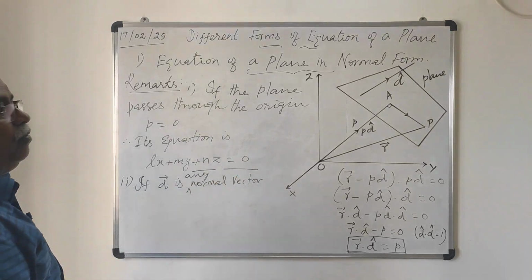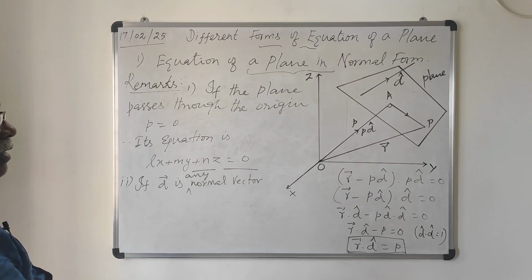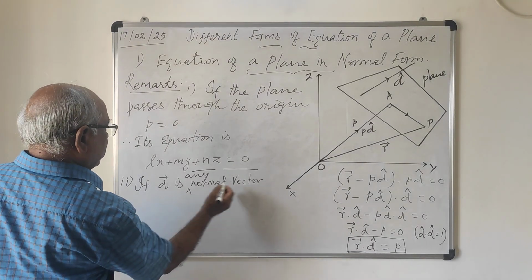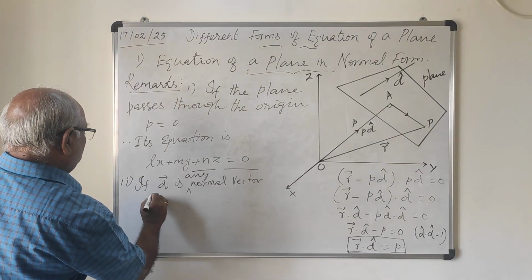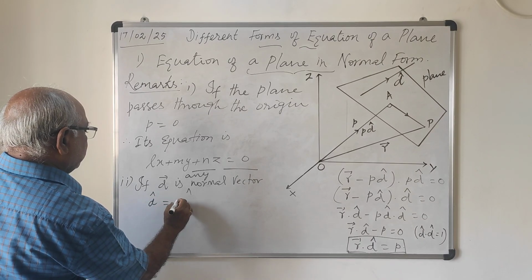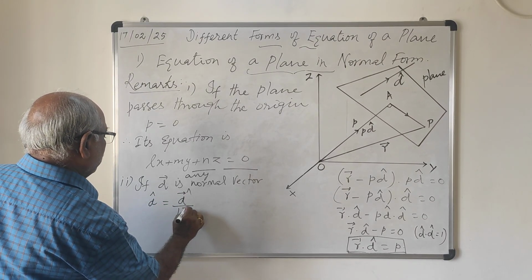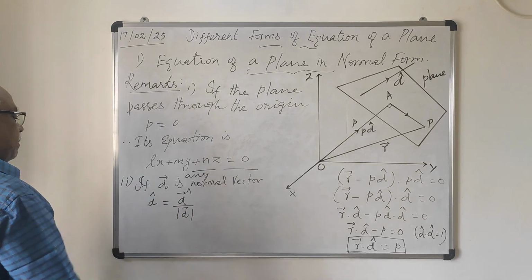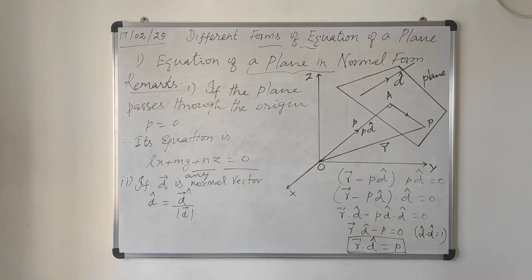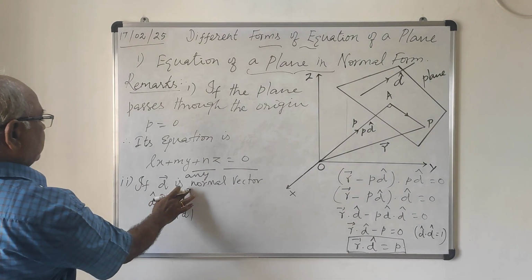D is any normal vector, but not a unit vector. If that is the case, for any vector you can write its unit vector as d cap equal to d vector by mod of d vector. This is the formula for finding d cap.